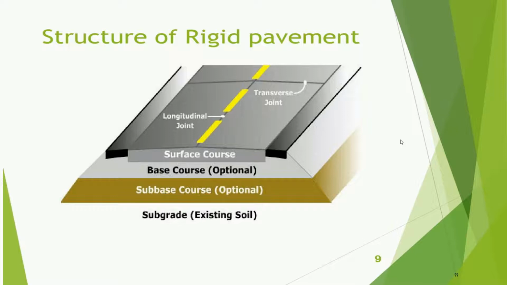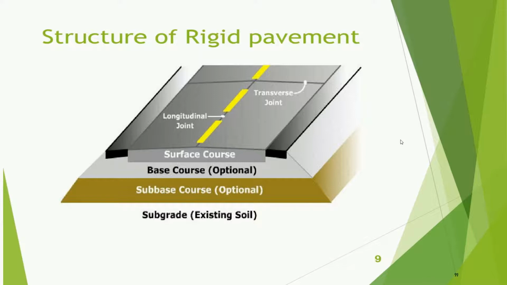Here we are providing various types of longitudinal joints and transverse joints to avoid the various temperature stresses. If it is possible to avoid the temperature stresses, we can reduce the cracks, and once we reduce the cracks, we will get a long span of the structure.